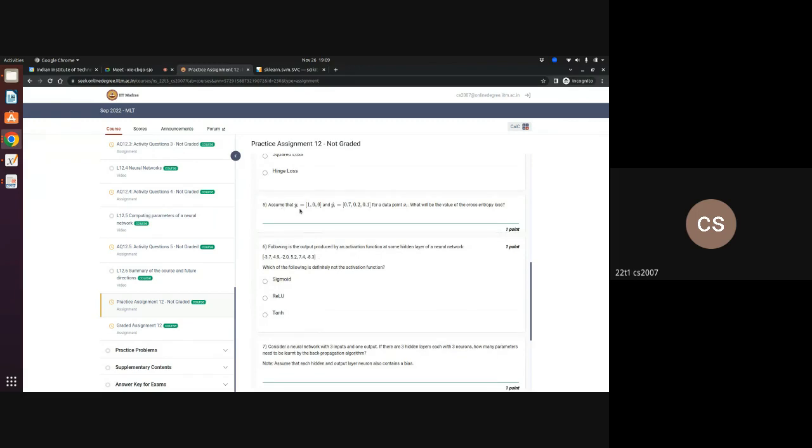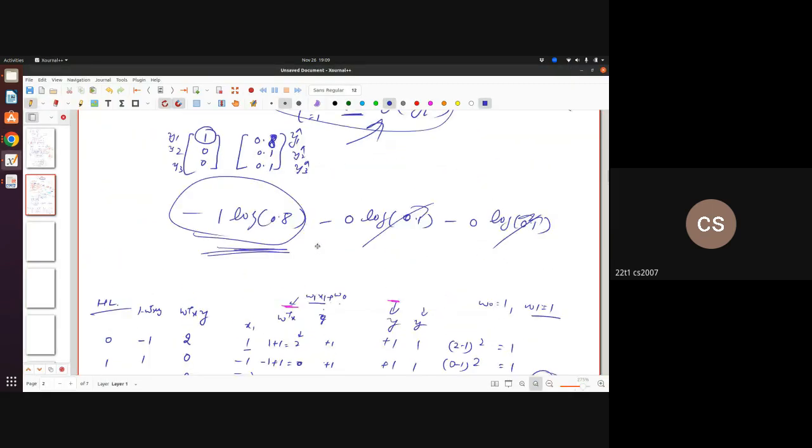Okay, next one. These values are given to us. These are the actual values and these are the predicted values by the model. Now, what will be the value of the cross entropy loss? How would you compute that? I've actually told that to you. Can anybody point out how do we do this? Just now I told you the formula for cross entropy loss, right?